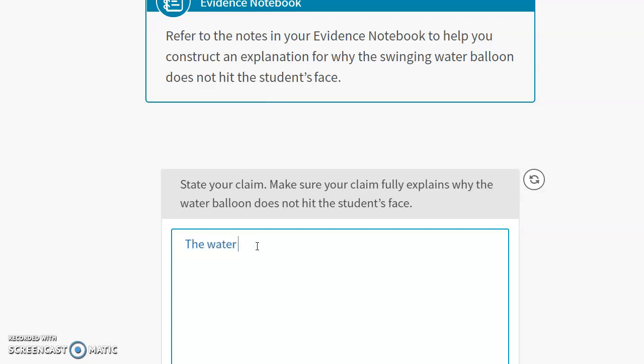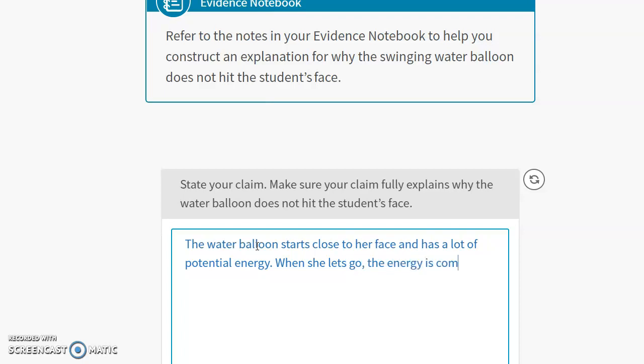The water balloon starts close to her face and has a lot of potential energy. When she lets go, the energy is transferred to kinetic energy.